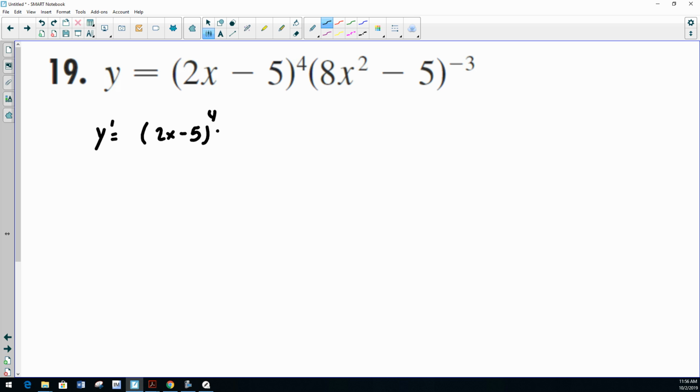So first, derivative of the second plus the second derivative of the first. Questions on A, B, C, D, E, or F?